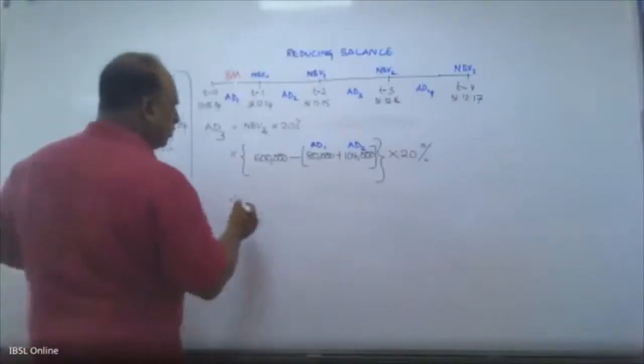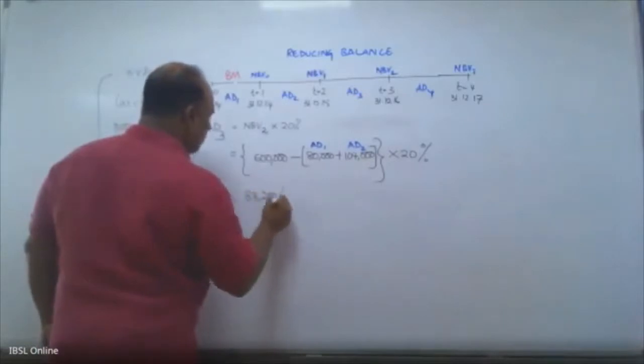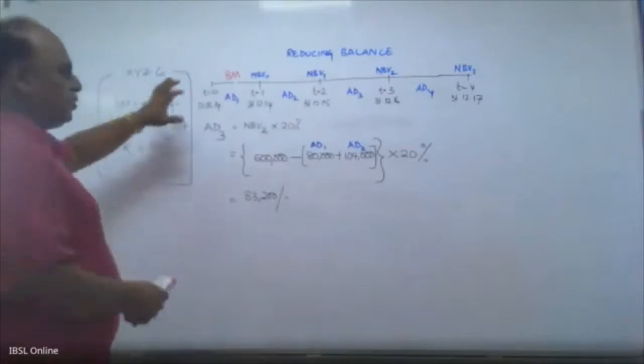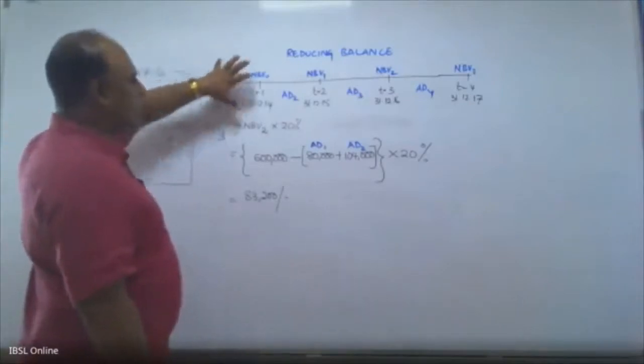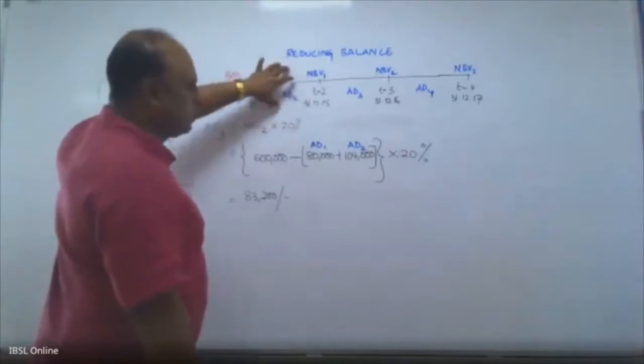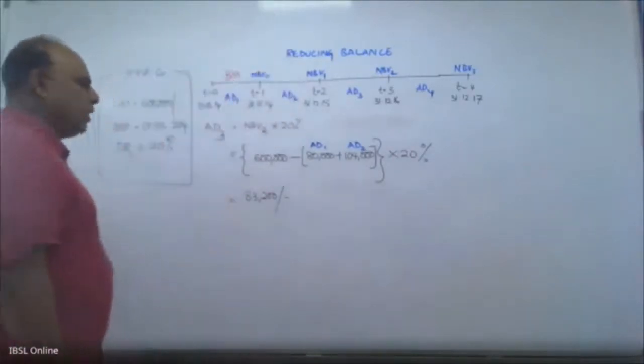It will be 83,200. Correct. Now see what is happening. In the first year, you had 80,000. That is because you have used it for only 8 months. But when you go to the second year, you used it for 12 months, but you had a depreciation of 104,000.